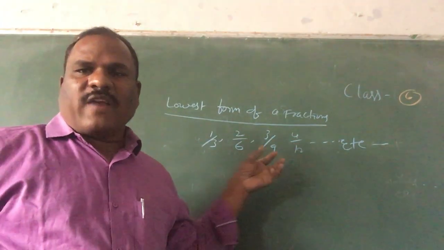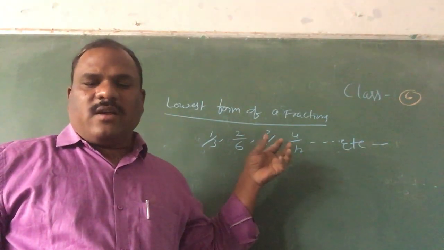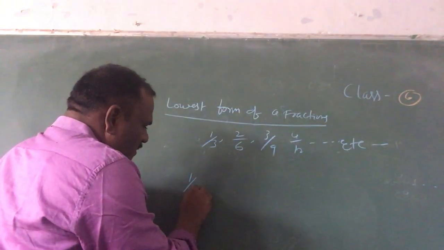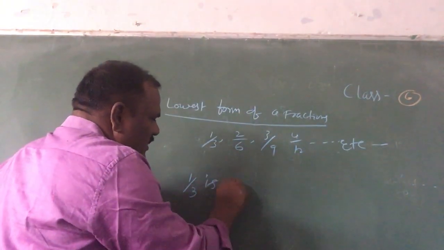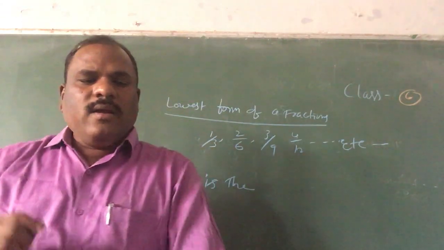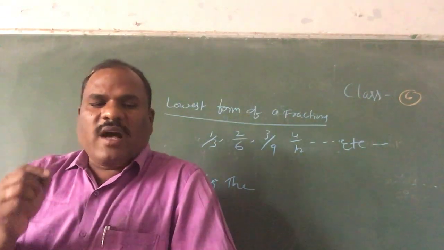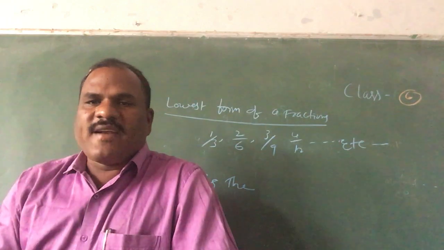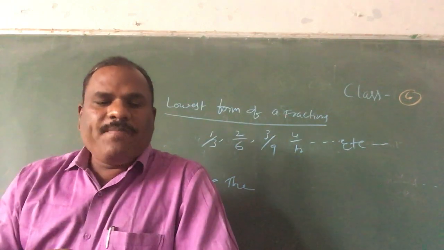Out of these equivalent fractions, 1 by 3 is the lowest form of a fraction, or it is called the standard form of the fraction. Why?